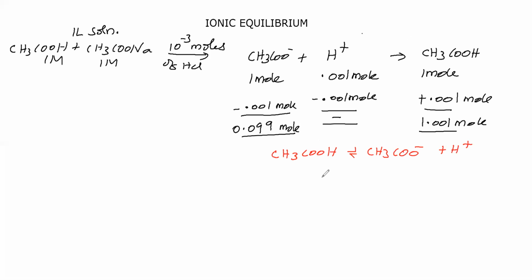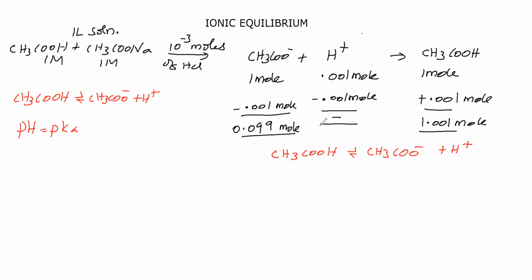Here also an equilibrium is possible, that is so and so equilibrium. Because of this equilibrium, H plus ions are present in this solution, therefore this solution has a pH. For this buffer solution, pH is equal to pKa.